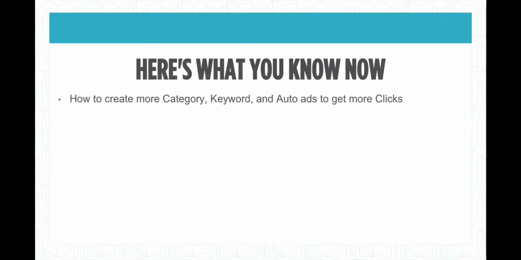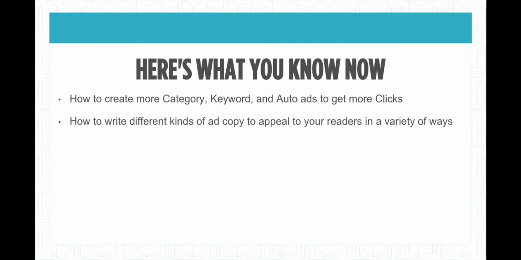Here's what you know how to do now. You know how to create more category, keyword, and auto ads. This is in an effort to get more clicks, ideally profitable ones, but if you don't get profitable ones, you're at least gathering it for conversion rate numbers. You know how to write different kinds of ad copy to appeal to your readers in a variety of ways.